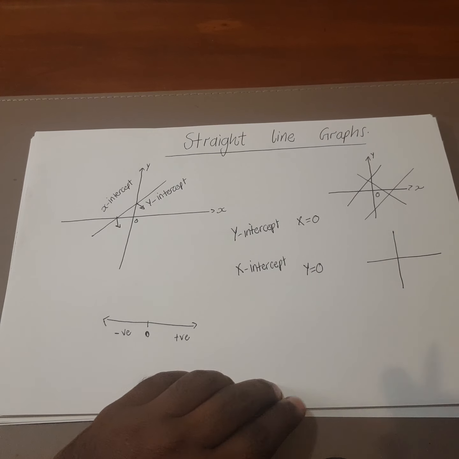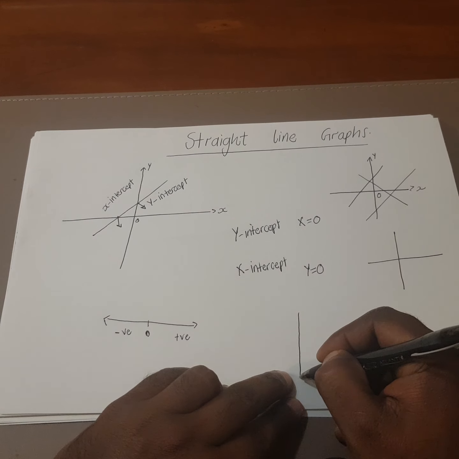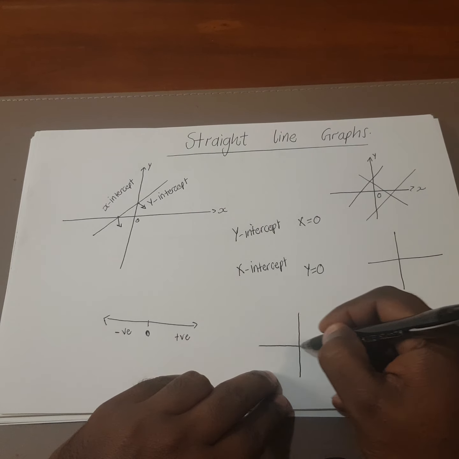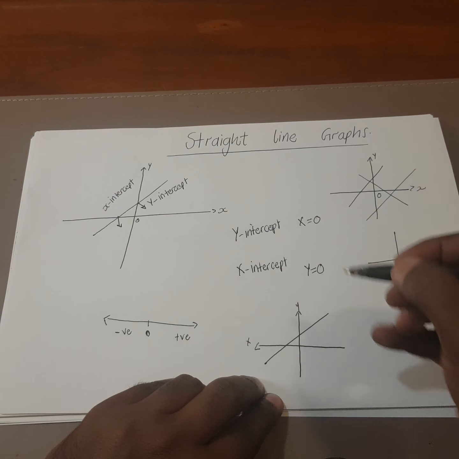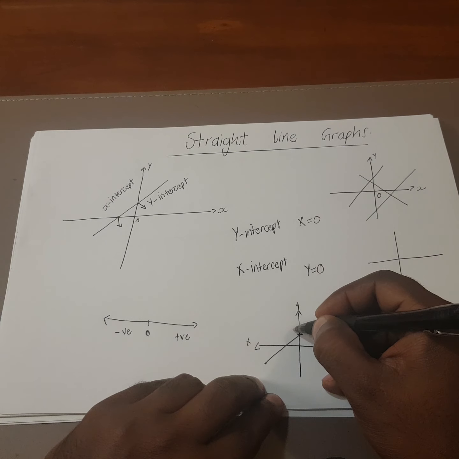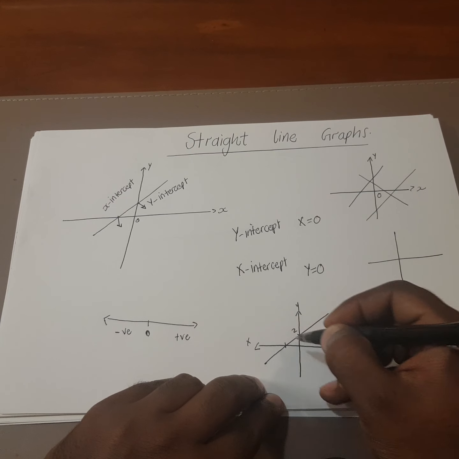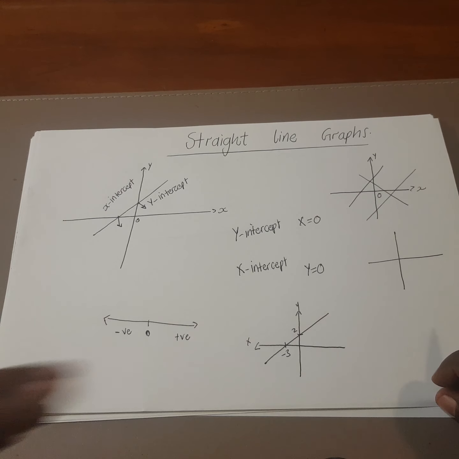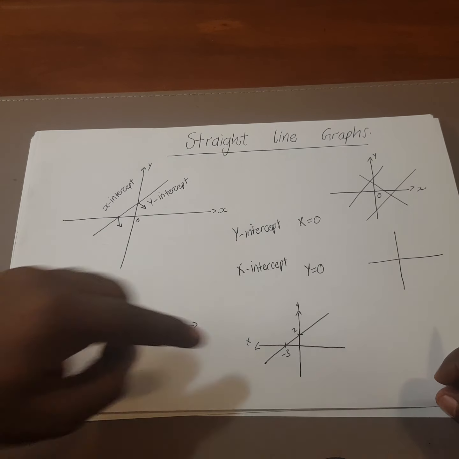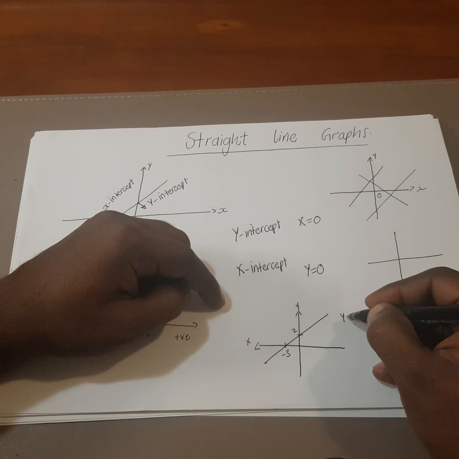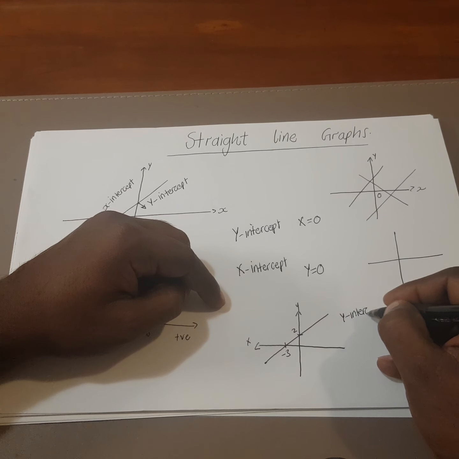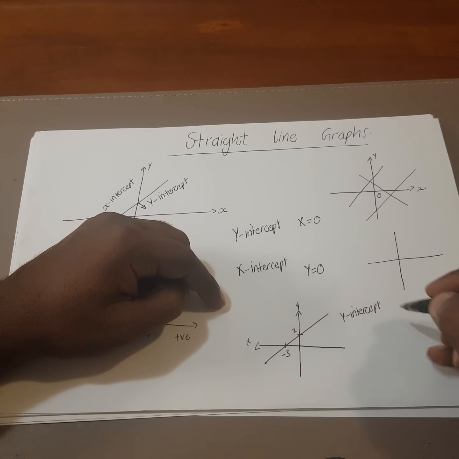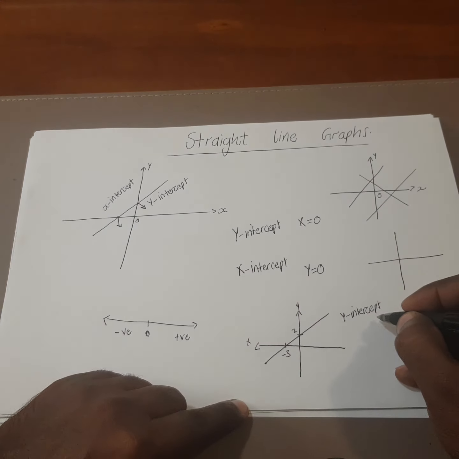So let's say, for instance, I draw a simple point like that. And let's say that's a line, that's my y, and that's my x. And suppose that is 2. And let's say that is -3. Again, I'm just sketching, so it's not drawn to scale. In this case, my y-intercept, because the value of x is equal to 0, is going to be (0, 2).